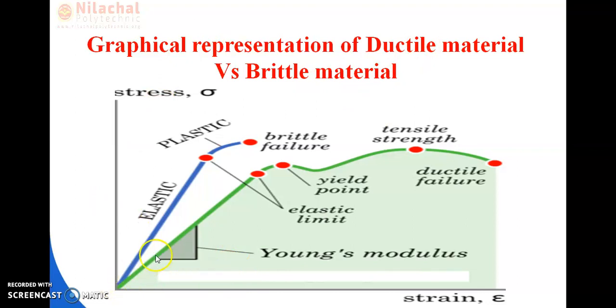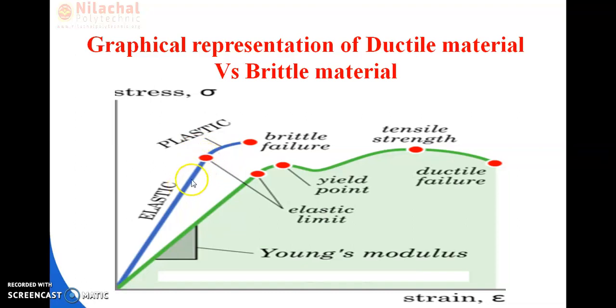So this line looks like a straight line, okay, and this point is your point A, which I showed you in the previous class also. This point indicates the elastic point or elastic limit. This point occurs in the ductile material as well as in brittle material.